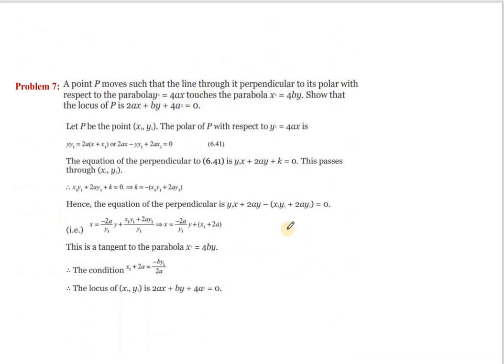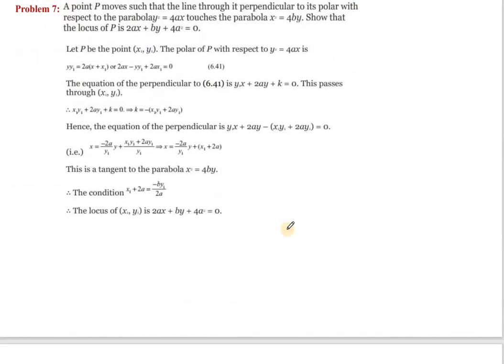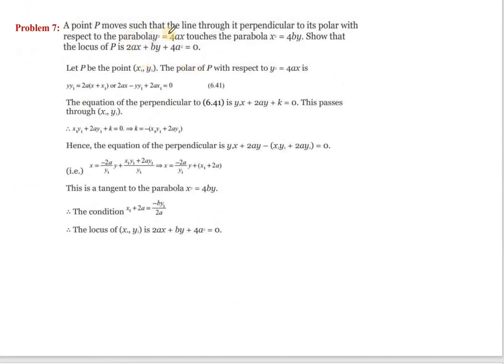Then the next one: a point P moves such that the line through it perpendicular to its polar with respect to the parabola touches the parabola.